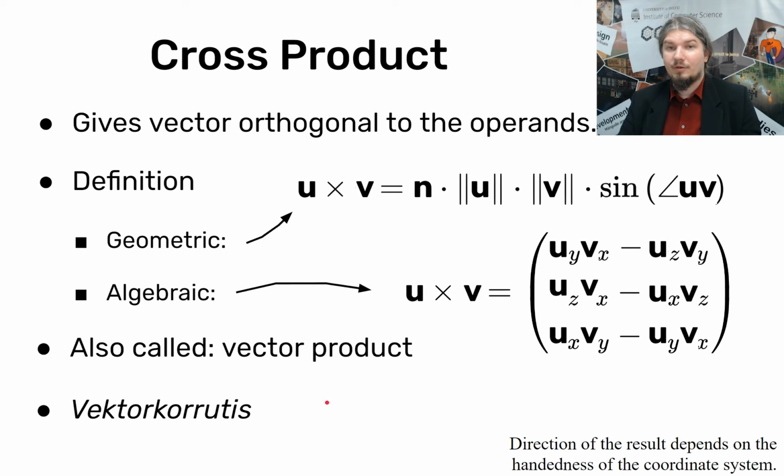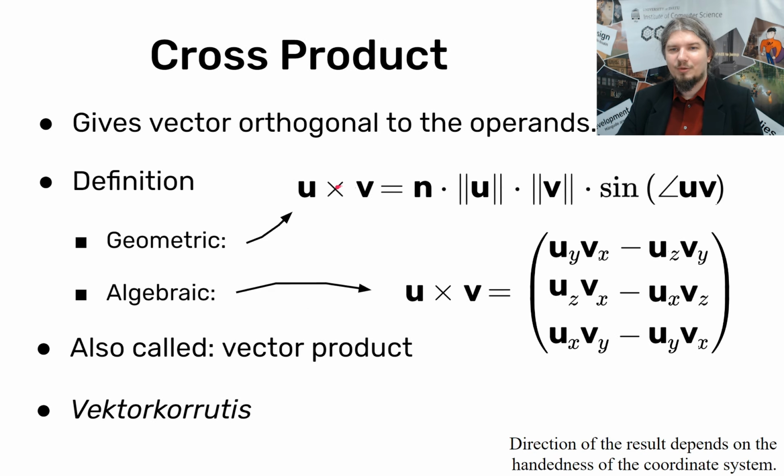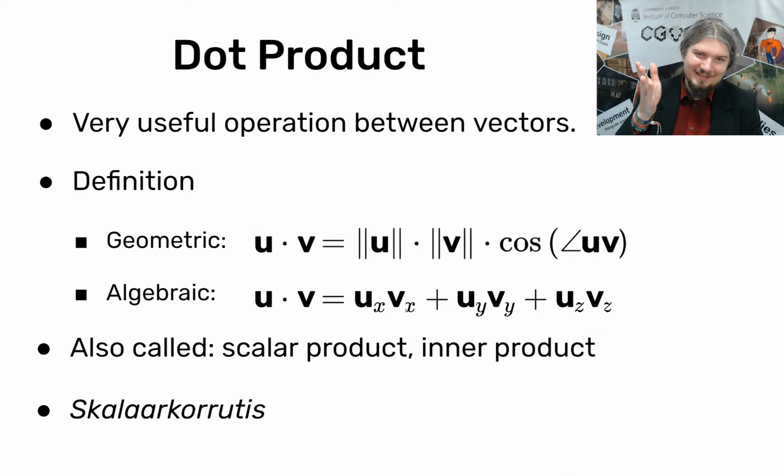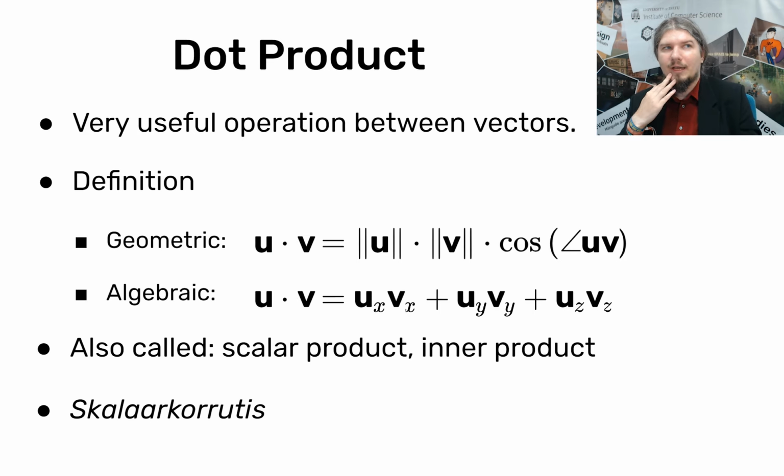One note here: in computer graphics we really like the terms dot product and cross product, because with the dot product we want to put a dot between the vectors, and with a cross product we want to put a cross between the vectors. We're kind of visual people. We see a cross, it's a cross product. We see a dot, it's a dot product, and that's it. Now sometimes for the dot product you might have used different brackets around it. In computer graphics I've rarely seen these brackets used.